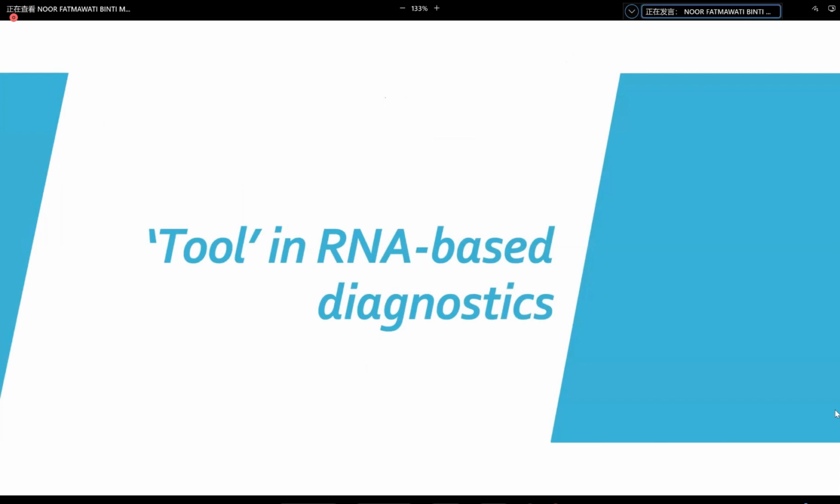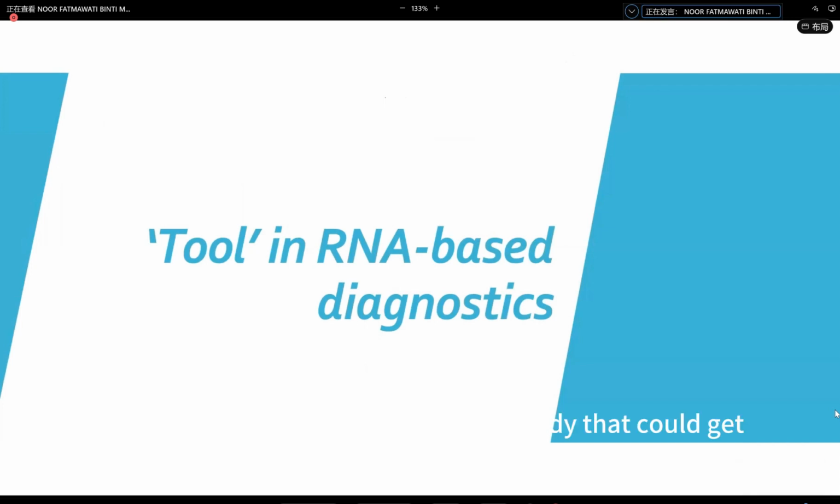If you are measuring a protein, what are the common tools used for protein measurement? Can anybody tell me? I guess mass spectrometry. That's the machine. The tool is the antibody. Yeah, antibody.